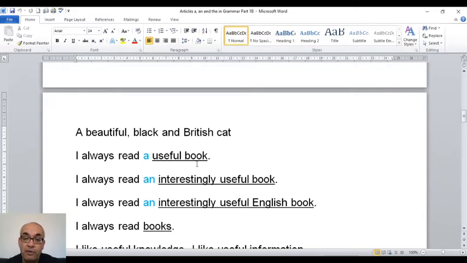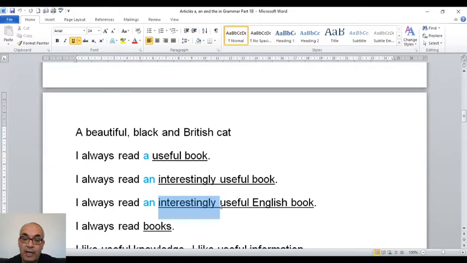So an is for book. And as I said, I cannot use a interestingly, and that's why I change a into an, and I use this adverb and this adjective.